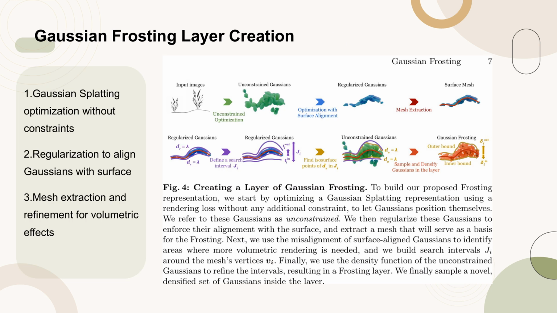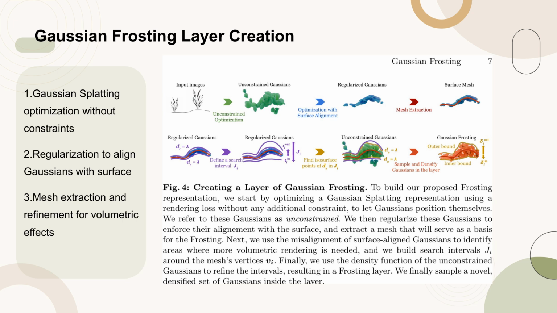Figure 4 illustrates the process of creating a layer of Gaussian frosting. Initially, a Gaussian splatting representation is optimized using a rendering loss without additional constraints, allowing Gaussians to position themselves freely. These are termed unconstrained Gaussians. Subsequently, these Gaussians are regularized to align with the true surface of the scene, and a mesh is extracted to serve as the foundation for the frosting layer.